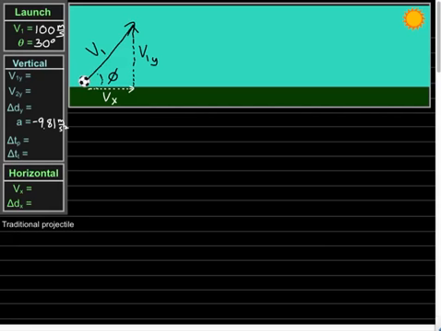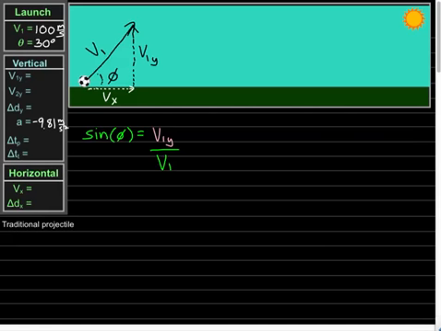All right. So in order to find v sub 1 sub y, meaning the initial vertical velocity, we need to do some trig. We need to say that the sine of the angle that we know is equal to the opposite, which we don't know, v1y, divided by the hypotenuse, which we do know.